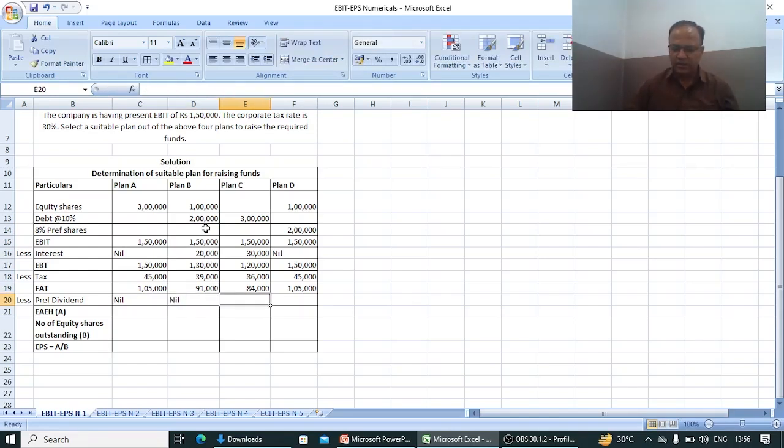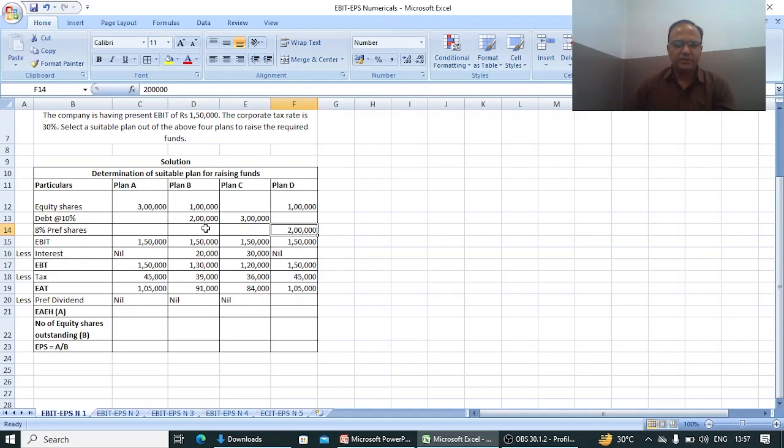In plan C, again we never take the help of preference share, so liability will be nil. Now come to plan D. If we see plan D, it's clear that we collected rupees 2 lakh by 8% preference shares.